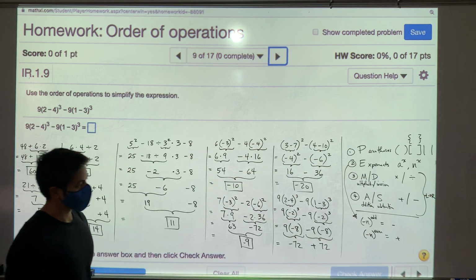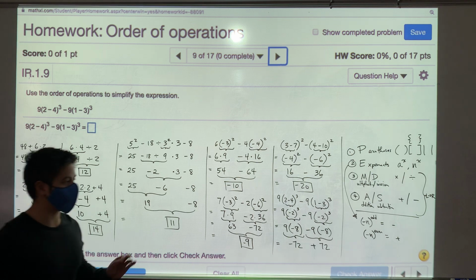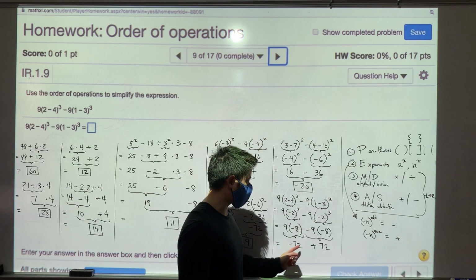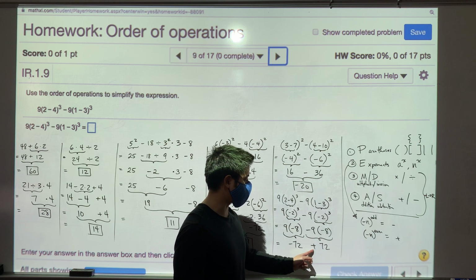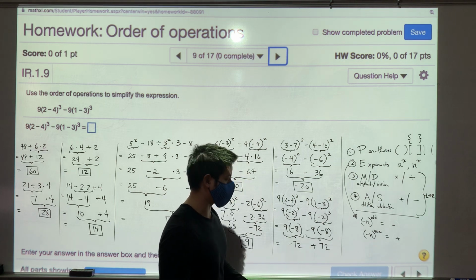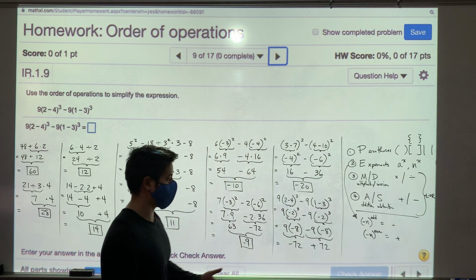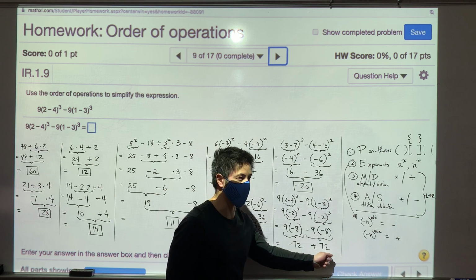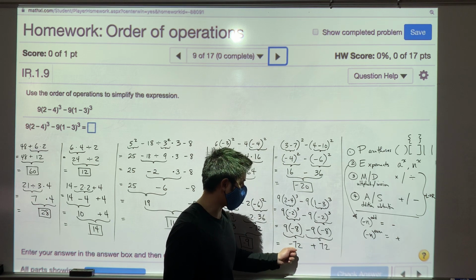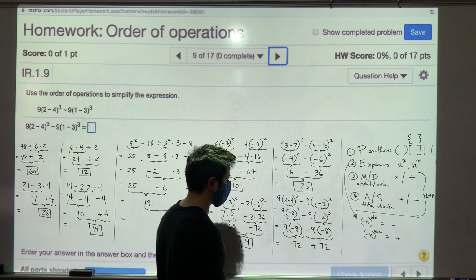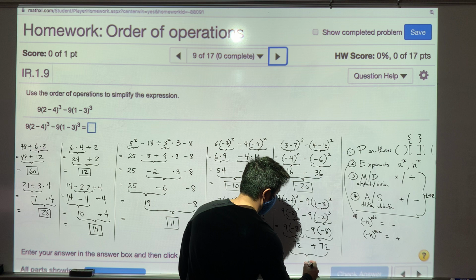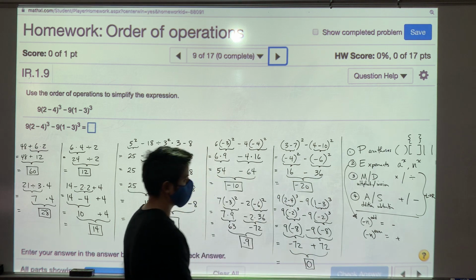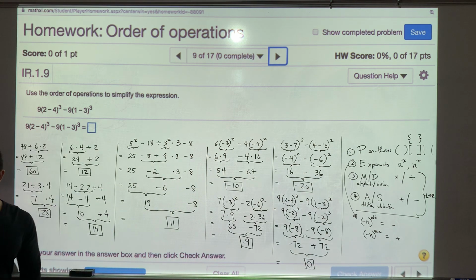It's very important that you write down the signs for everybody, especially the positives. It's real easy to leave off the positive sign and not pay attention to it, but that plays a very important role in connecting this one to this one. Negative 72, positive 72, and of course, a negative 72 plus a positive 72 is going to end up being 0. So that's the answer for my problem.